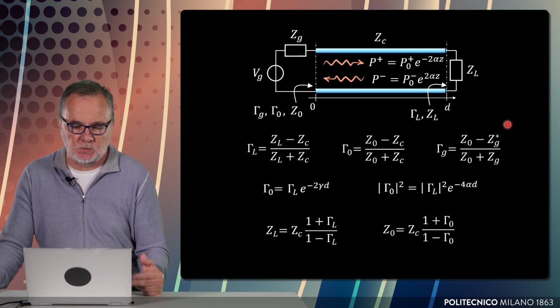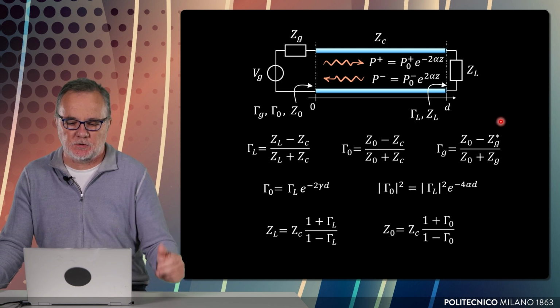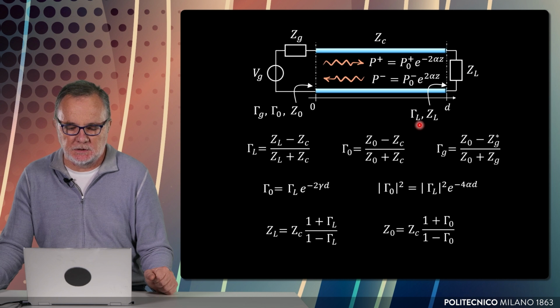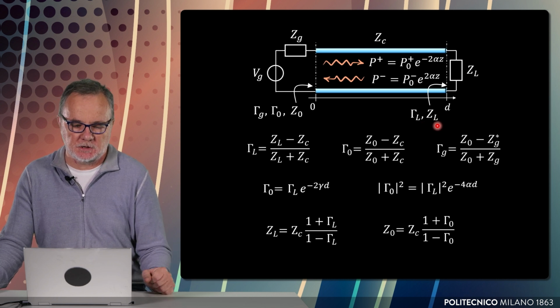In the general case, what happens? We have several reflection coefficients along the line. We have a reflection coefficient that can be computed with respect to ZC when ZL is connected. This reflection coefficient has the common expression.